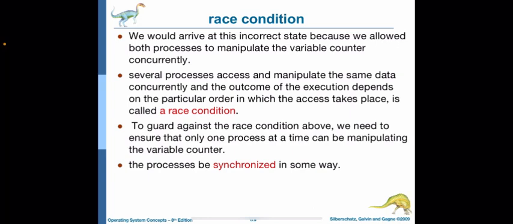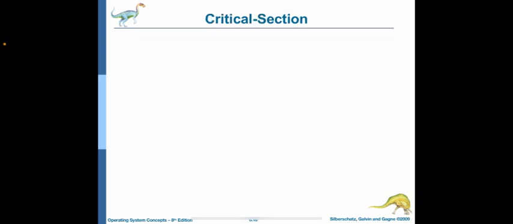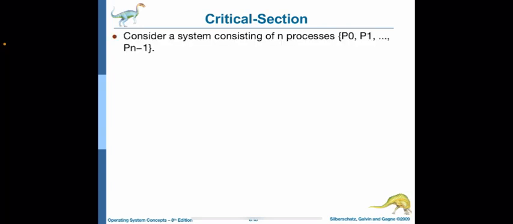There should be some mechanism to ensure that different processes execute or update or modify common data in a specific order. Okay. So keeping that in mind, let us define what is the critical section problem. So we have a set of processes. In case of the producer-consumer problem, we have seen just two processes, right?